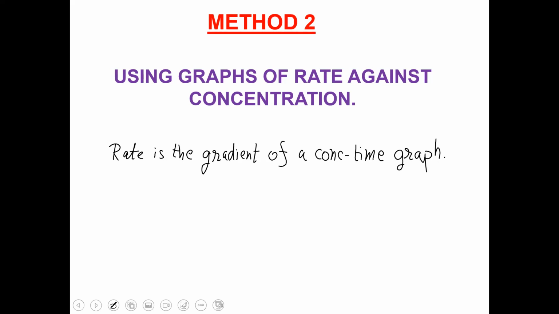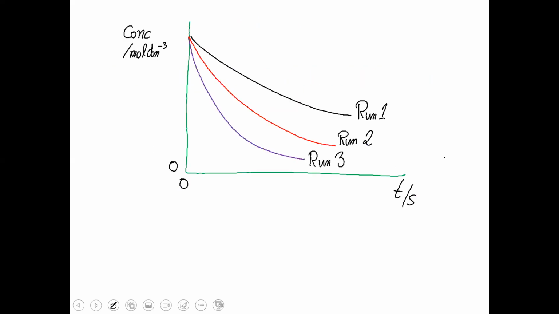I've copied. So first, we cannot determine the rate directly, because rate is not a constant for a reaction. So we need to draw tangents. For example, there are three runs of a reaction. We can run it again and again. For every run we take repeated readings of concentration and plot a graph like this.